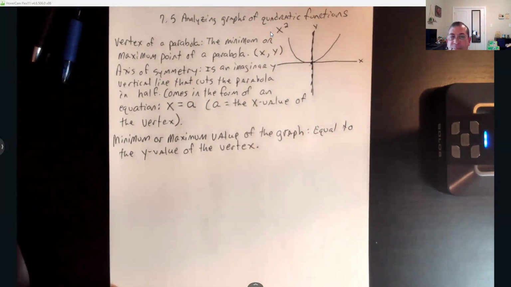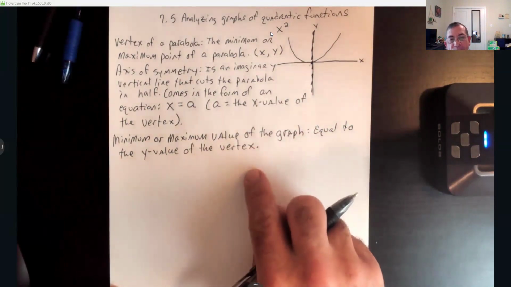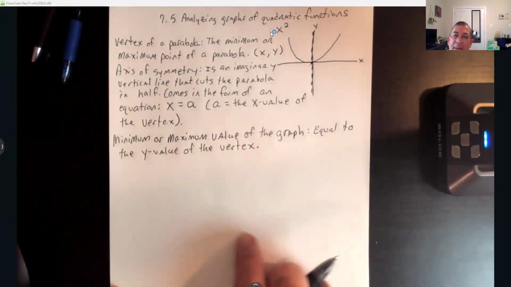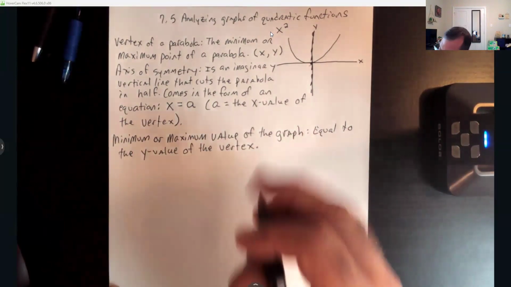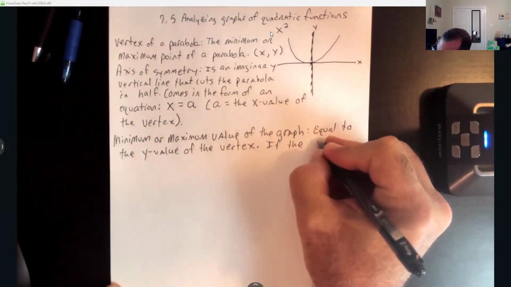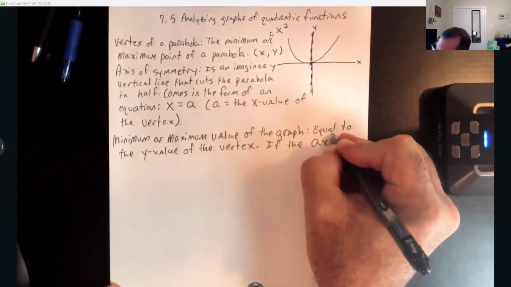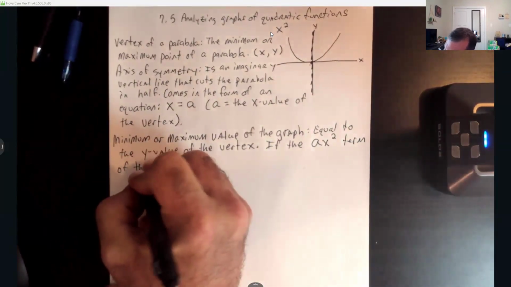Now, we need to figure out, do we have a maximum or do we have a minimum value? So what we look at is the ax squared term of the function.